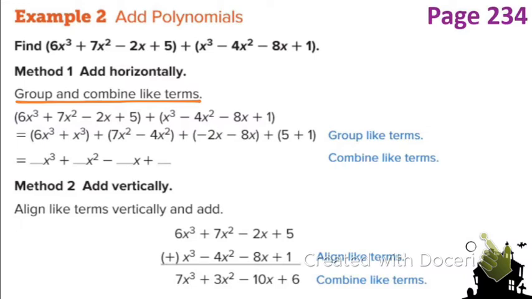We have a 6x cubed here. How many x cubes do I have in the other polynomial? Just one. So I add the 6x cubed and the 1x cubed together. How many x cubes do we have total? 7. I have 7 x cubes here. Remember, if there is no coefficient in front of your variable, it is assumed to be a 1.